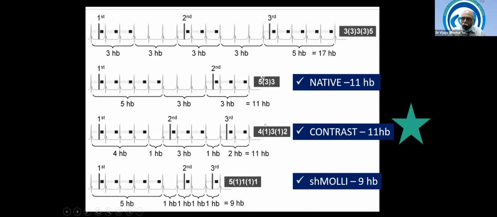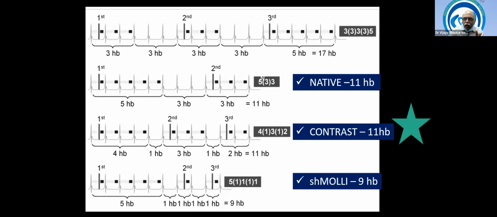Now, for post contrast, there is no need to wait for a longer time, because once you give contrast, the gadolinium compound goes and sits in the extracellular matrix of the myocardium, and the protons slowly come back to the equilibrium phase.